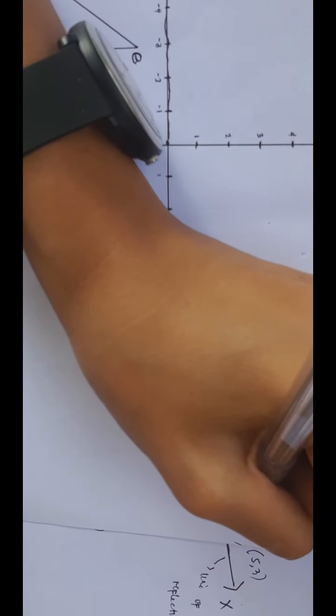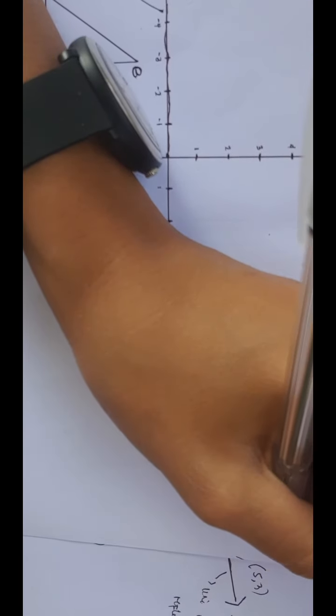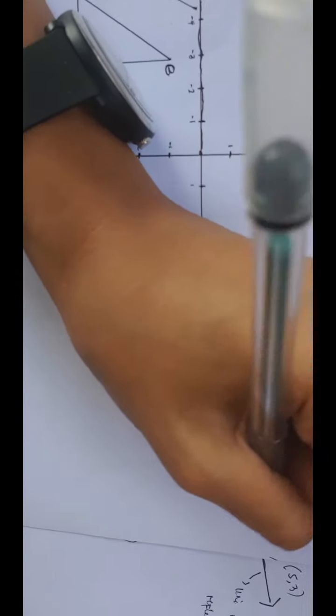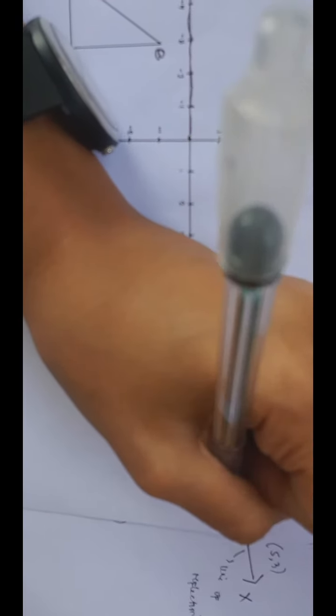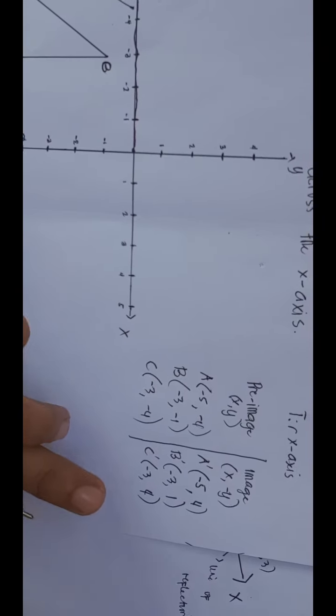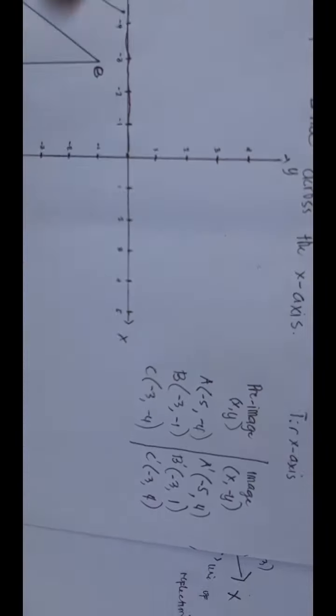So A prime is, copy the value of x, which is -5, opposite of -4, which is +4. B prime, (-3, +1). C prime, (-3, +4). Now all we need to do is to plot these points here.